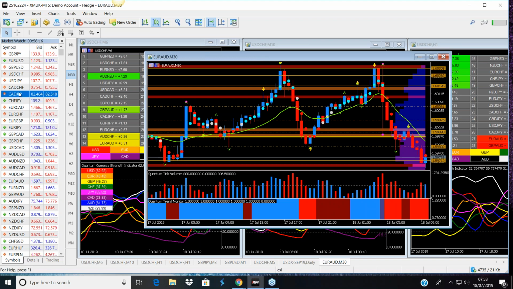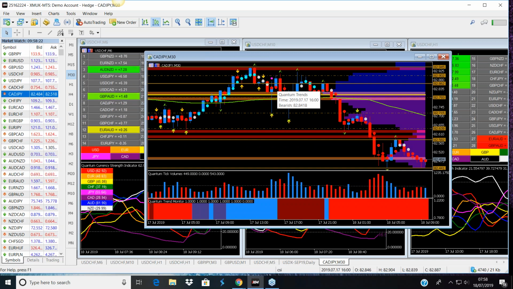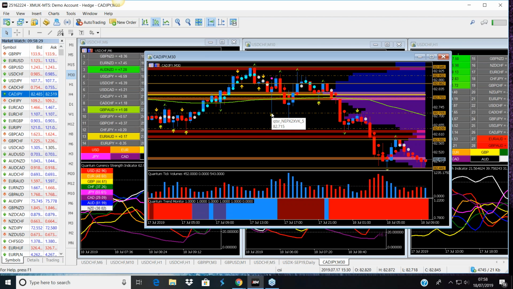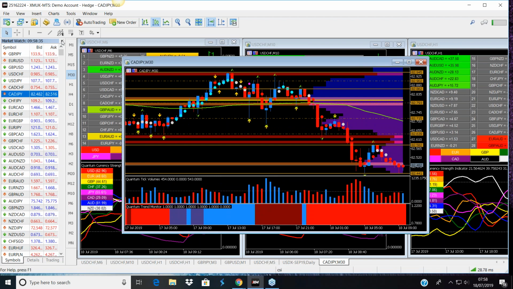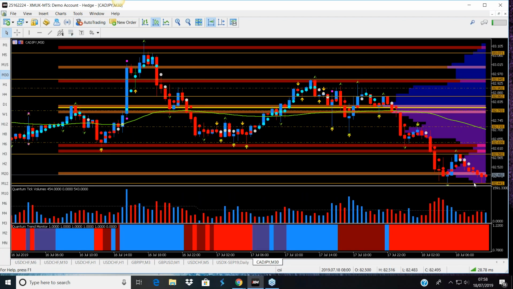Because when we then go to look at the chart, we apply all our regular chart analysis, volume price analysis, and this is where the other indicators are also introduced at this point. Now, the reason I looked at the CAD yen, if I just expand that, this is the 30-minute chart of the CAD yen, and we can see here, as I said, this is the volume point of control.